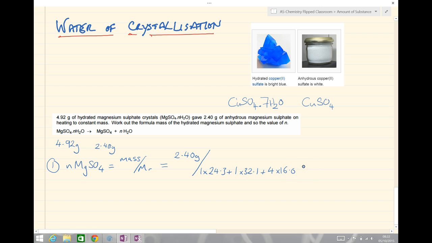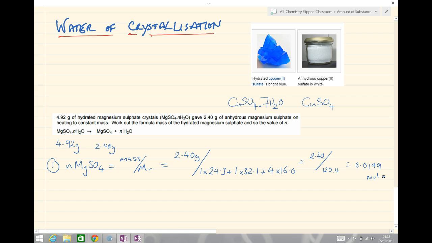That gives us a total here of 2.40 grams over 120.4. If we put that into our calculators, we should end up with a value of 0.0199 mole to 3 significant figures.